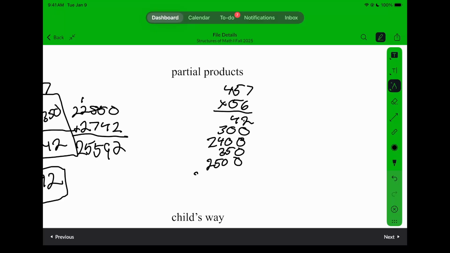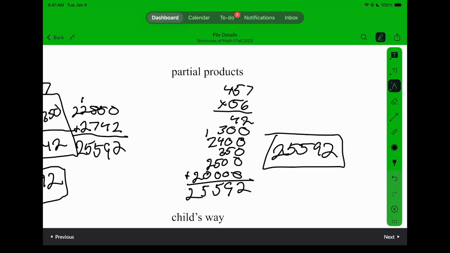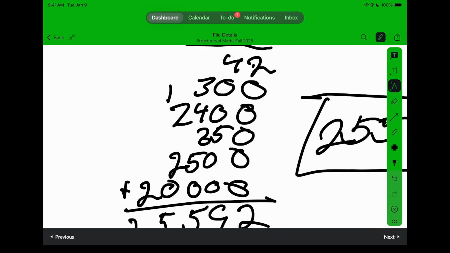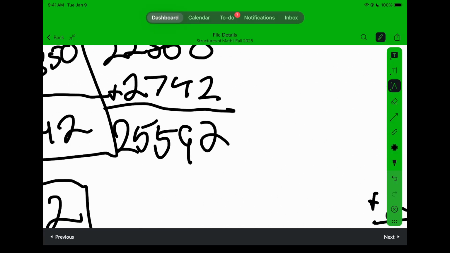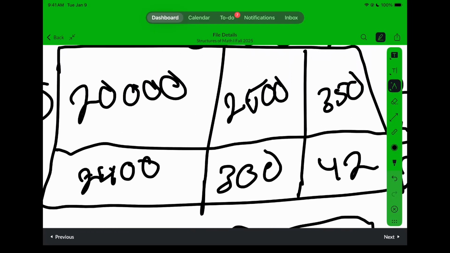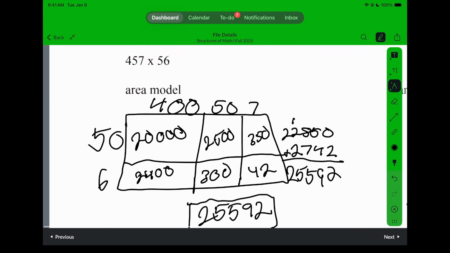And then 400 times 50. Add them up. Answer is 25,592. Notice how these numbers here match up with the numbers inside of our area model. That's pretty cool.